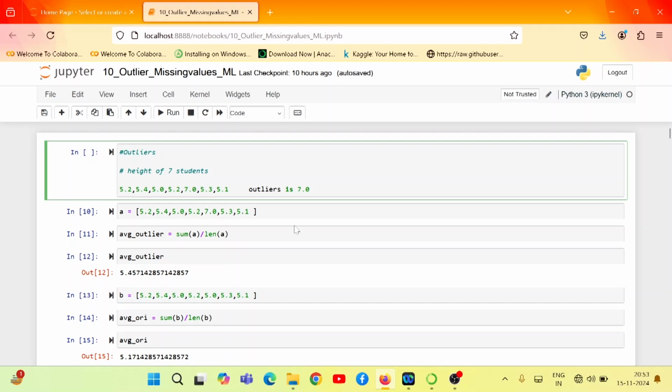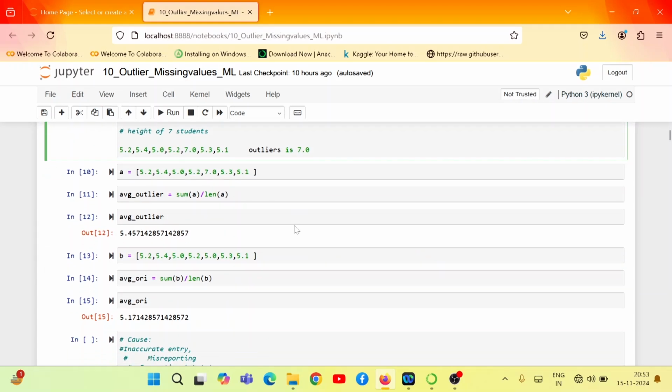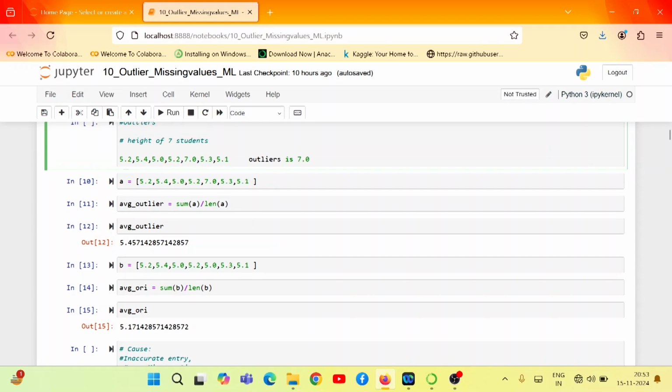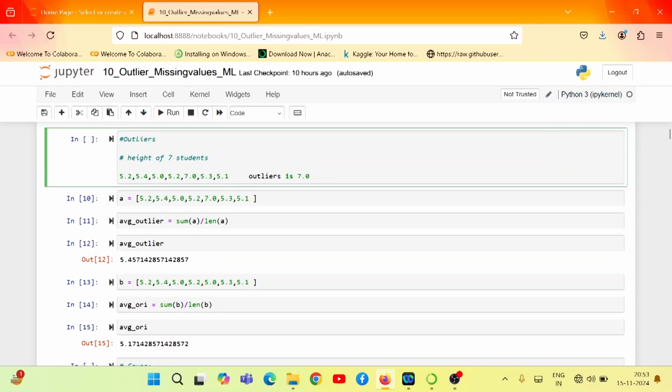For example, let's say we want to find out the average height of 10th class students based on the data. We will have a lot of difference in the average height with and without the outlier. So let's say this A is a list which has this abnormal data where the outlier exists.